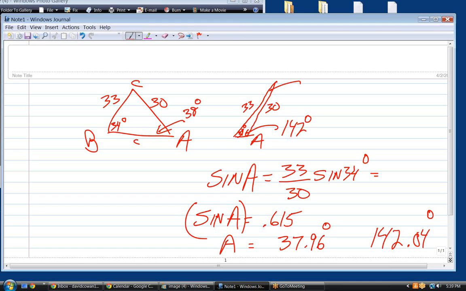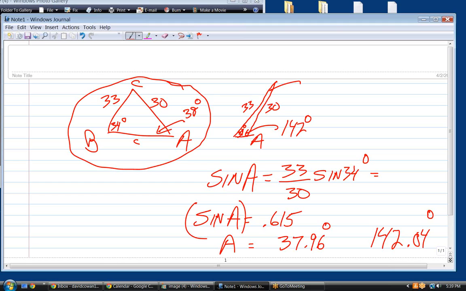So for this triangle here, what's left to do? We've got a 34-degree angle and a 38-degree angle. How are we going to solve for side C? We don't know angle C or side C, so we can't immediately use the law of sines.